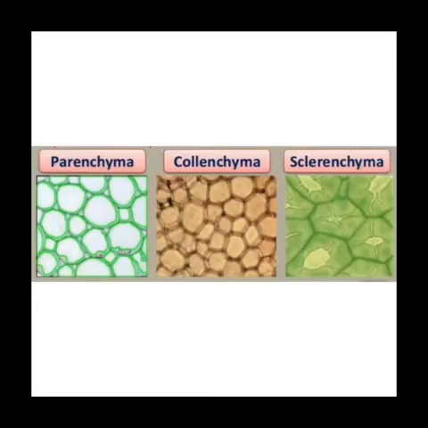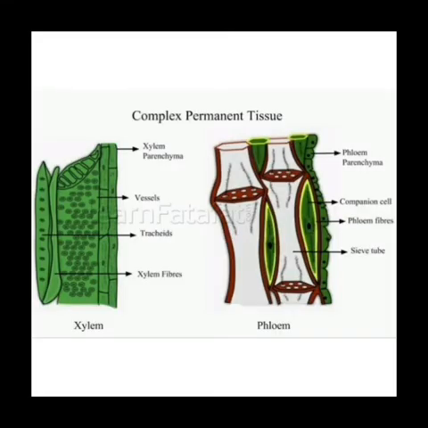Among the permanent tissues, parenchyma, collenchyma and sclerenchyma are formed of only one type of cells that look similar to each other. Whereas xylem and phloem are formed of 4 types of cells that look different.